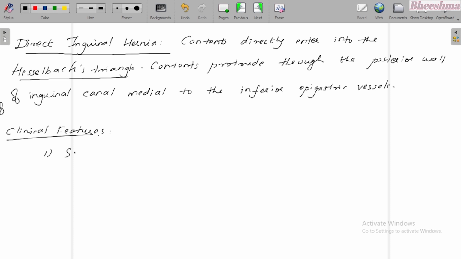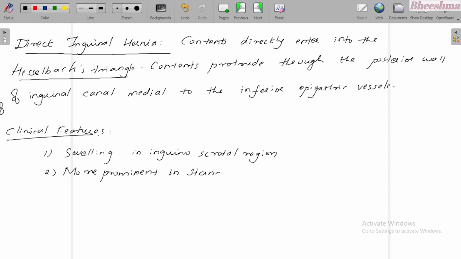Swelling in the inguinoscrotal region. Second one is more prominent in standing and while coughing or straining.